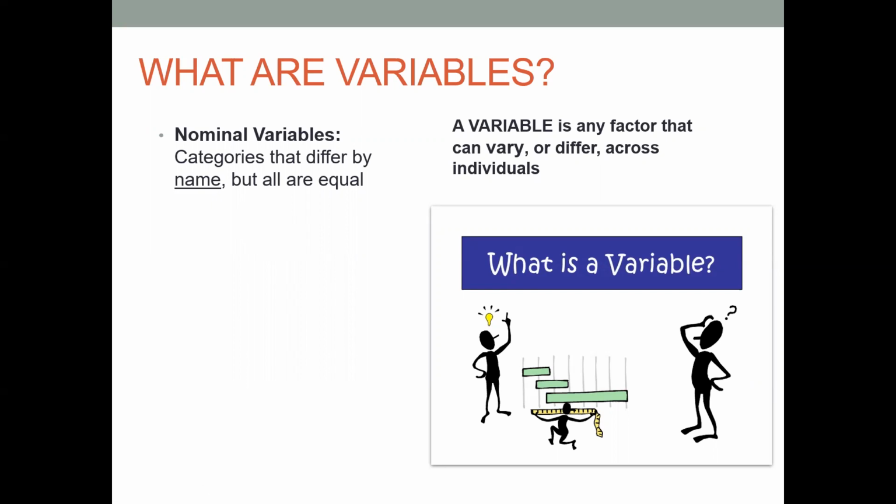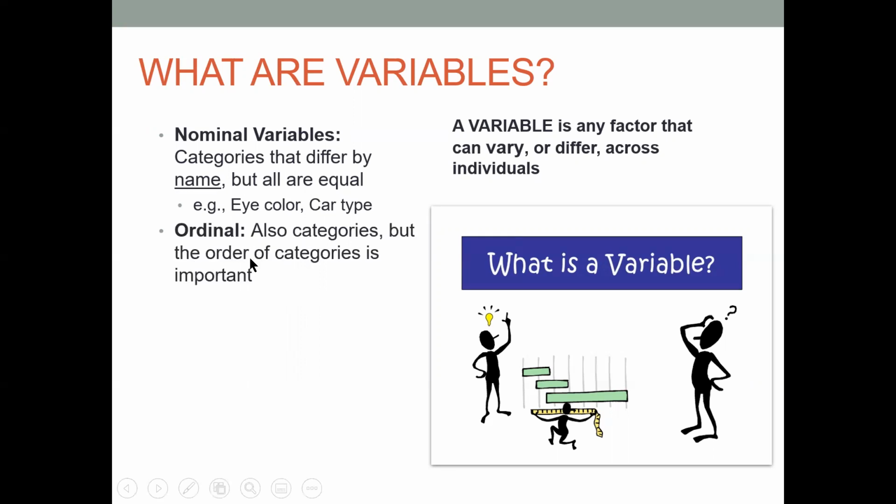It wouldn't matter if I was making a chart showing what pets each of us has owned. It wouldn't matter what order I put the bars in. I could put horses first, I could put cats first. It wouldn't make any difference. But if we have ordinal variables, the order of the categories is important. We might have the same kind of graph, with categories with names, but the order would be important.